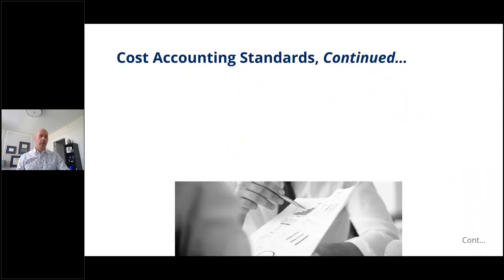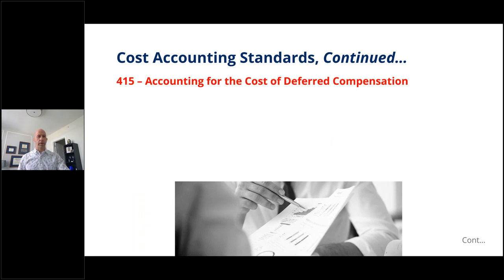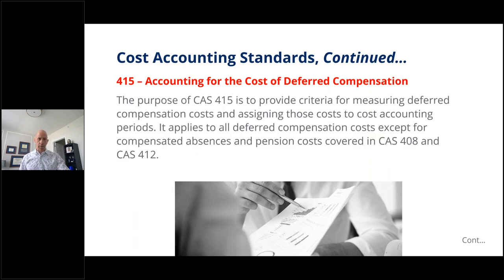Carrying on, we've got a few more standards to go through, and then we'll get into some of the other applicability of CAS before we get into Q&A. All right, so CAS 415, accounting for the cost of deferred compensation. It provides criteria for measuring deferred compensation.